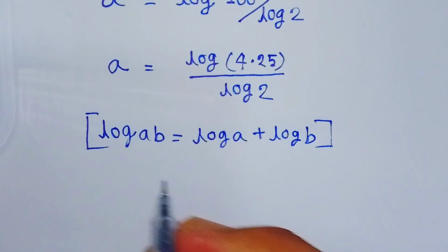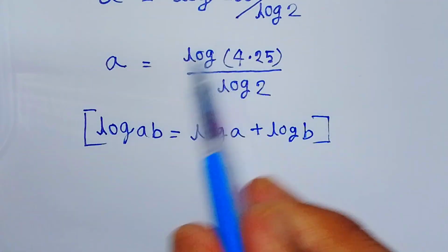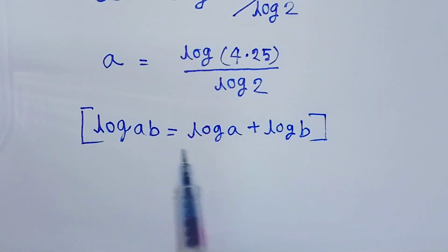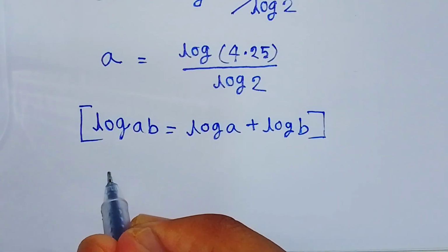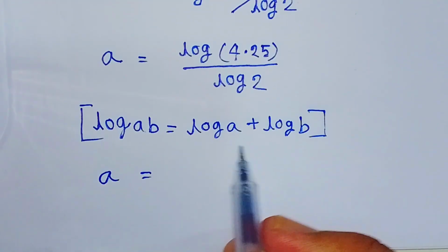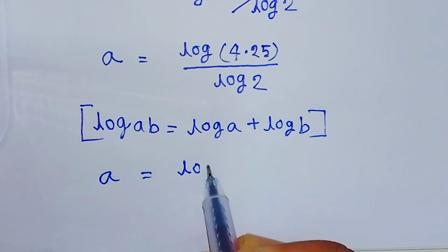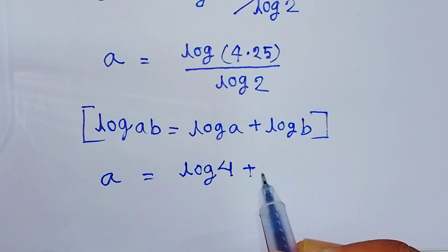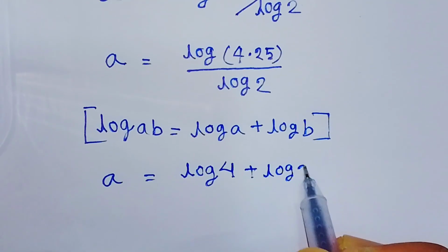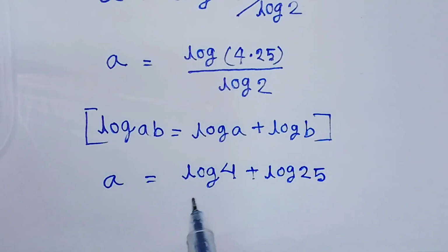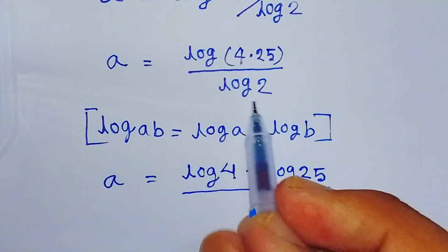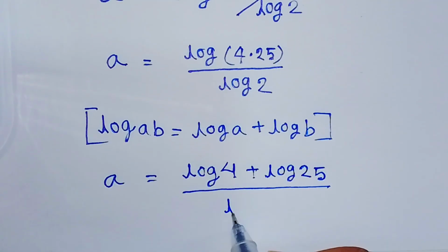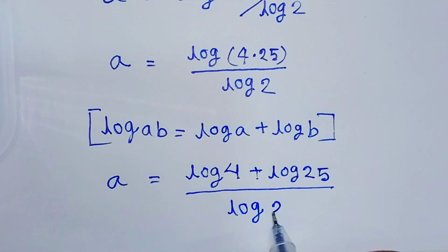So after that we'll compare this equation with this formula. Then we'll get a equals log 4 plus log 25, divided by log 2.